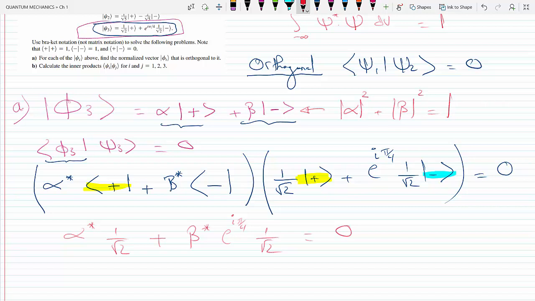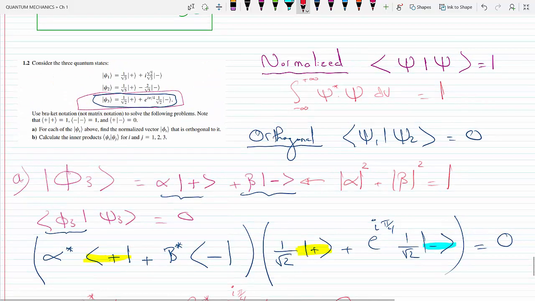You understand? That came from taking the inner product of psi 3 by itself and then foiling the states. And when you foil the states, again, you're going to get spin up with spin up is 1, spin down with spin down is 1, and spin down with spin up will be zeros. So you will end up with the magnitude of alpha squared plus beta squared equals 1.